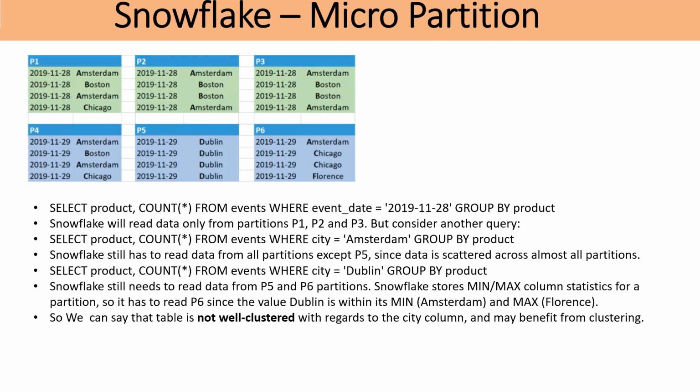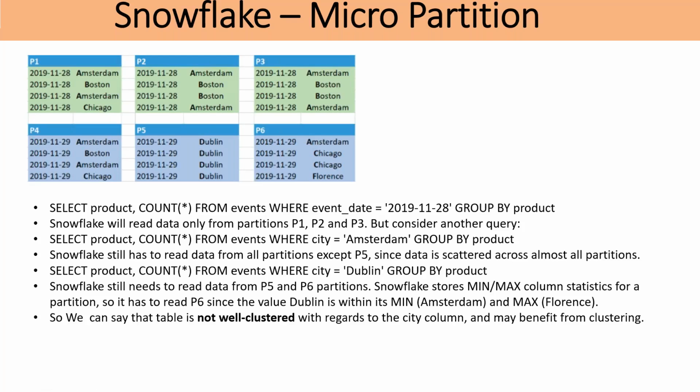Think of it as a table with a date and cities. When you issue the command where event date is equal to 2019-11-28, how many partitions does it have to scan?